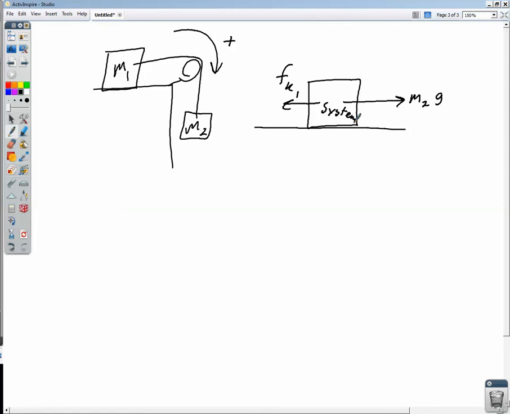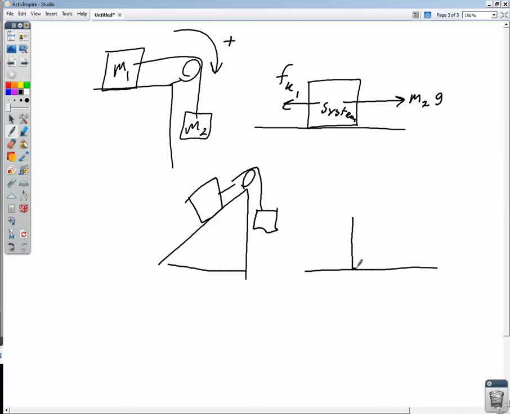And we could even have really tons of fun with something like this, a block on a ramp connected by a string to a block down here, and there's friction involved here as well. And you certainly should be able to deal with this. It's not necessarily fun. When we look at the system as a whole, if this is the positive direction, we've got, let's say we still have M2 and M1. We still have M1's weight moving the system in the positive direction.